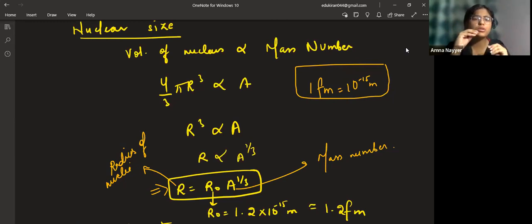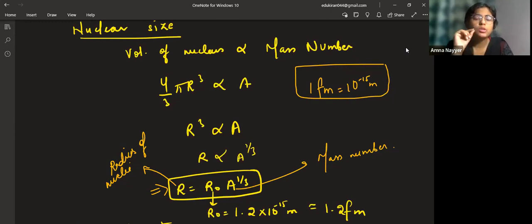If we just focus on the terms that are proportional to each other or dependent on each other, r cube is directly proportional to A. So R becomes A to the power 1 by 3, or the cube root of A, you can say. Now class, R naught is 1.2 into 10 to the power minus 15. R naught is a constant that we put in place of this proportionality sign.